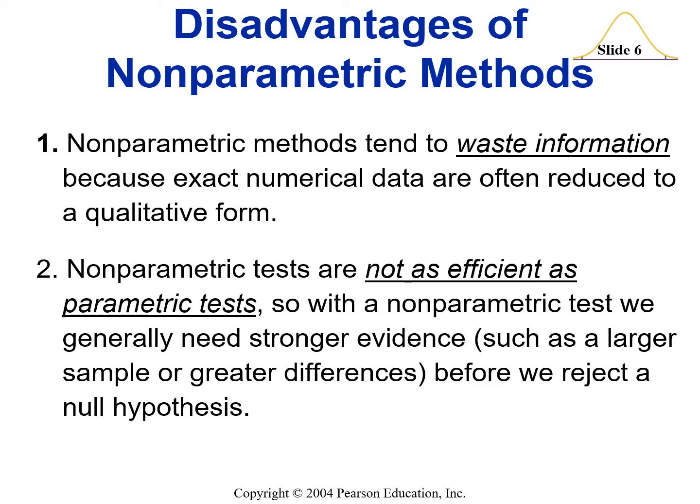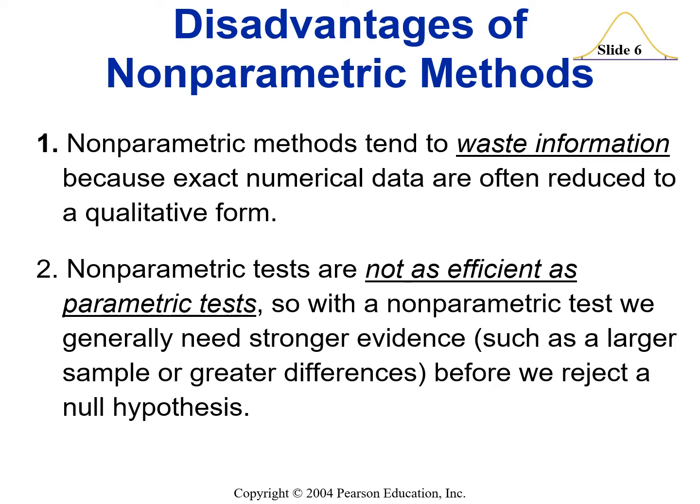Disadvantages of non-parametric methods. Non-parametric methods tend to waste information, because exact numerical data are often reduced to qualitative form. We will see this disadvantage when applying the non-parametric tests.